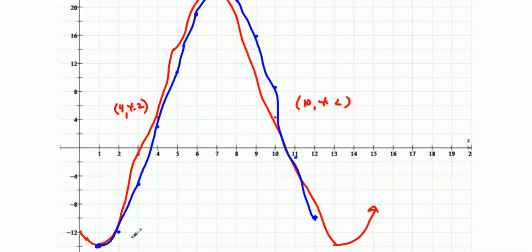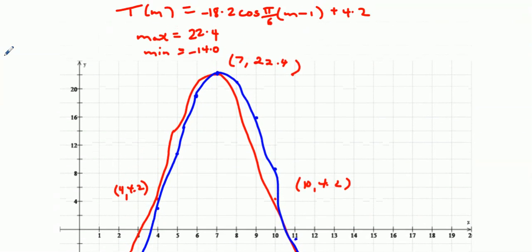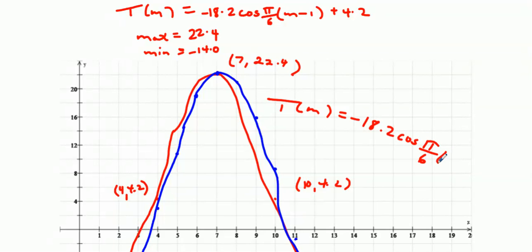This minimum down here was at 1 and minus 14.0, and this minimum over here was at 13 and minus 14.0, and then we can just do maybe the top one, which was 7 and 22.4. Okay, put the equation on there, make sure you've got that, and you're good to go. So T of M is minus 18.2 cos pi by 6 M minus 1 plus 4.2.